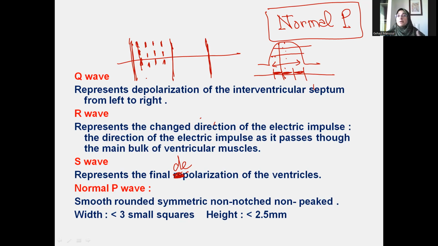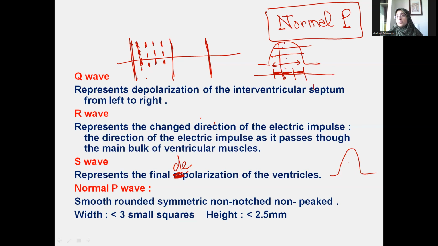So if you find, for example, that the amplitude of the P wave, the height of the P wave, is 4 millimeters or 5 millimeters, and the P wave looks like this, for example, you would say taller than normal P waves. And usually when they are taller than normal, they are a bit peaked.